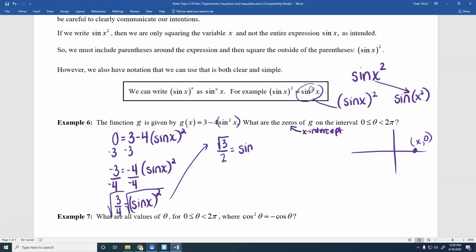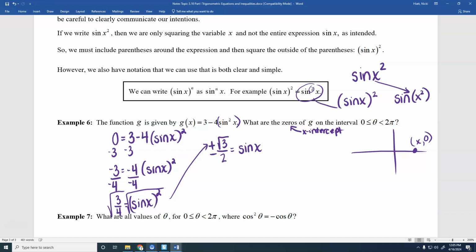And so I've got sine of x over here. Now, I forgot something. What did I do wrong? Or what did I forget? When I square root both sides of an equation, there's something I've got to do. I've got to put a plus or minus over here.